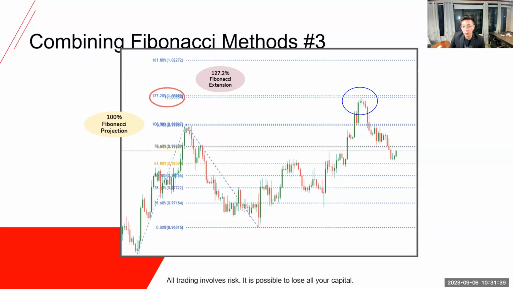As for the Fib extension level, in this circle area, your Fib extension level will be this negative 127.2% extension level. While these two are working together in this area right here, I will assume that there is a swing high on the left. That's why price actually made such a dump right here.